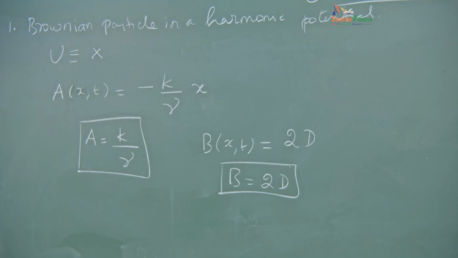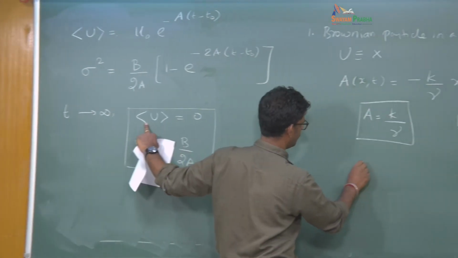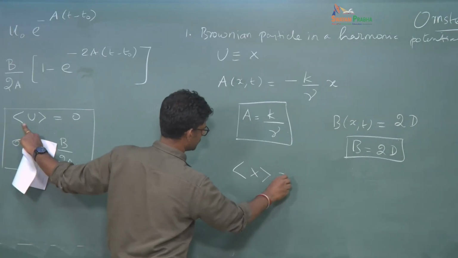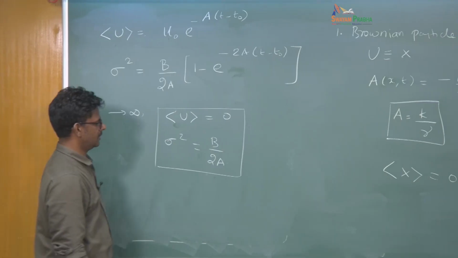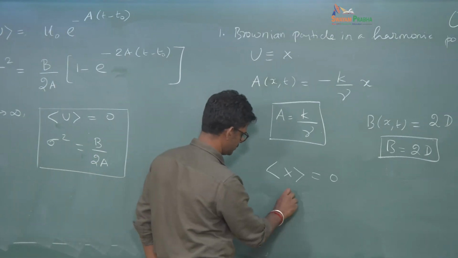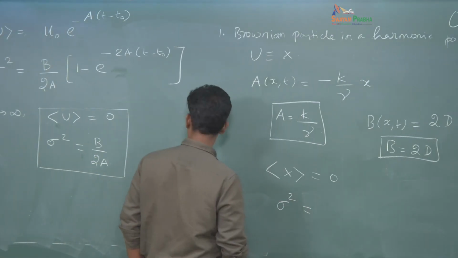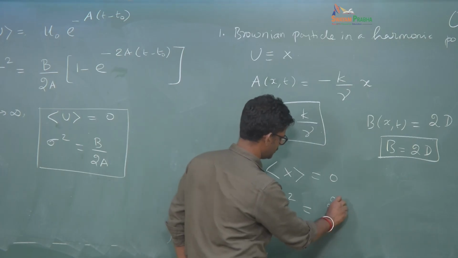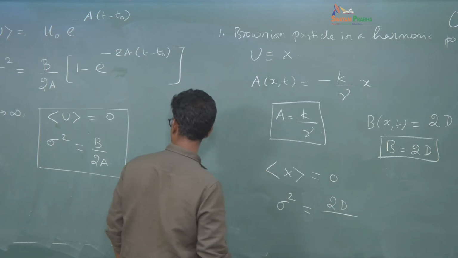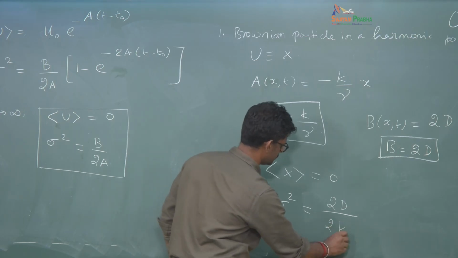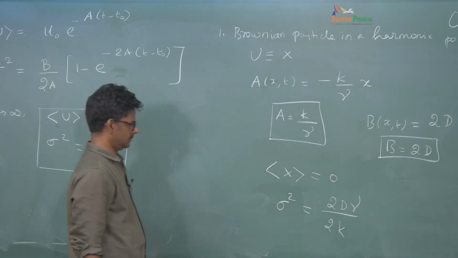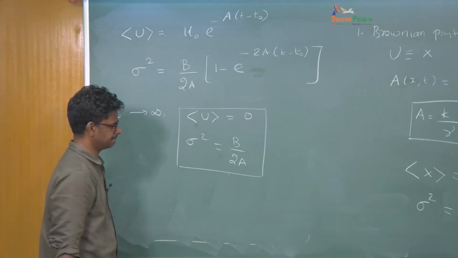So what that means is, by this we would predict that the mean value of x is 0 and the mean square displacement is 2D over 2A.